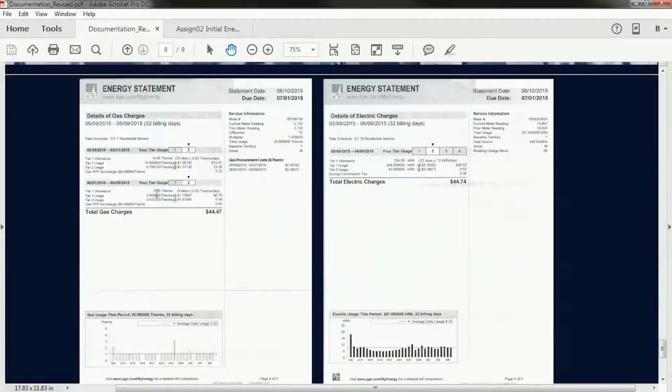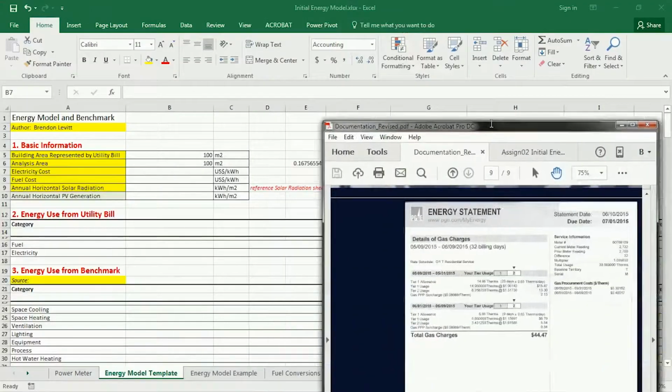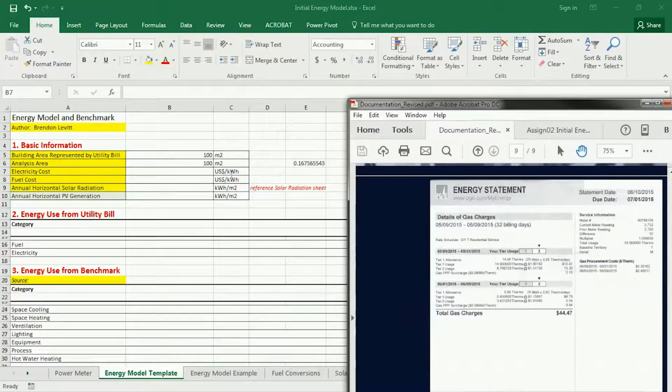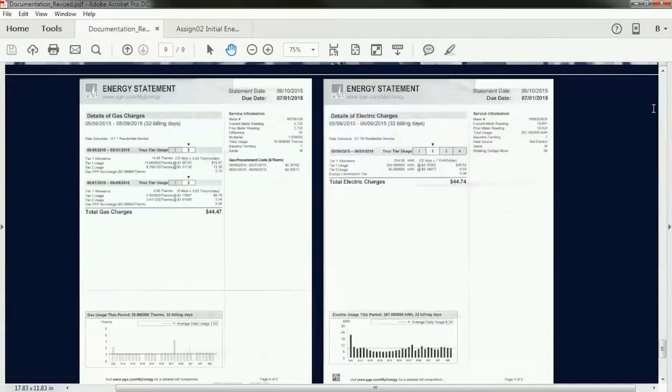and this one on the left is a gas bill for May 2015 to June 2015. On the right is the electricity bill for May 2015. So let's see. This is asking for your electricity cost in US dollars per kilowatt hour.